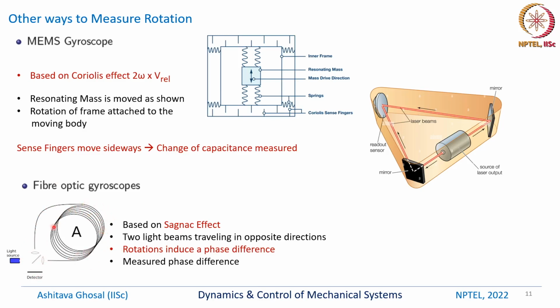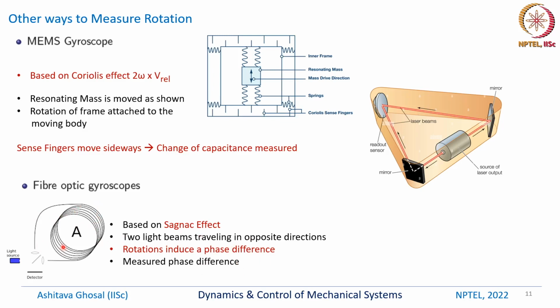Now if this object is moving, subjected to some kind of angular velocity, the path traveled by one light beam going like this and another light beam going in the opposite direction, there will be a phase difference introduced.